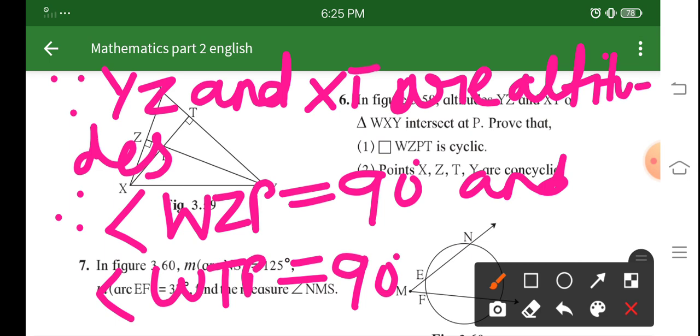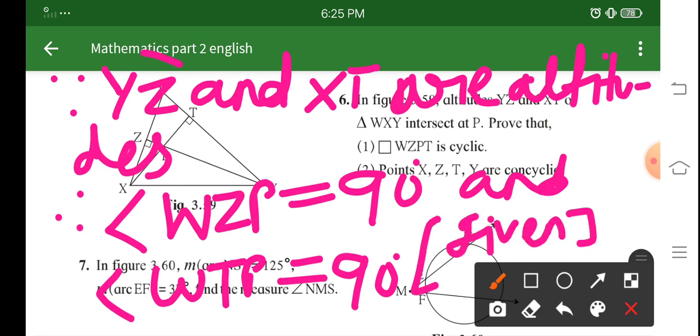So this is given, right? How is this given? Because they have given that YZ and XT are altitudes. So we can say that this is 90 degrees. I think this is clear.